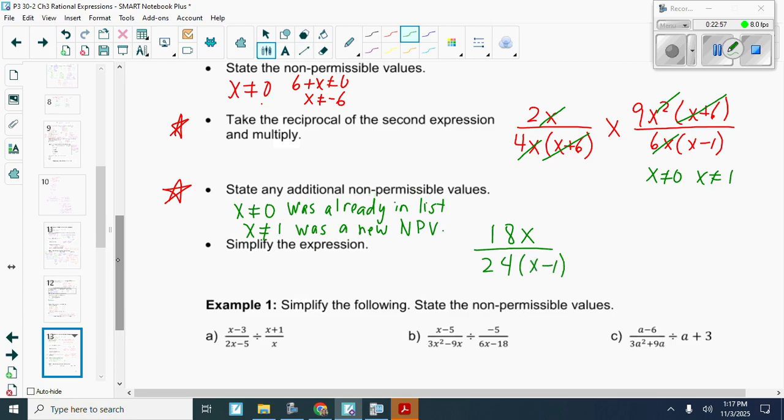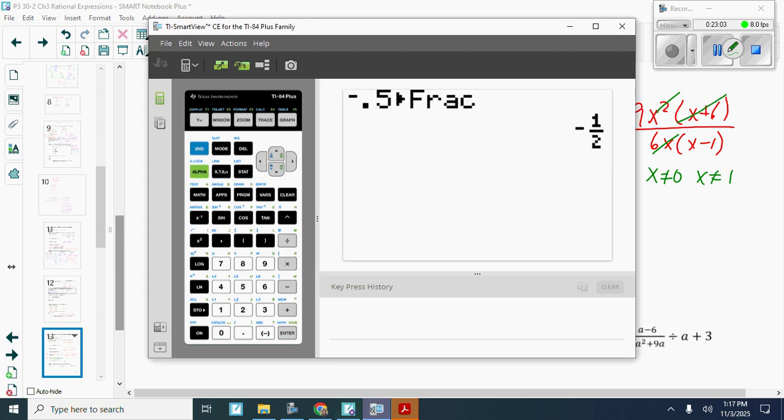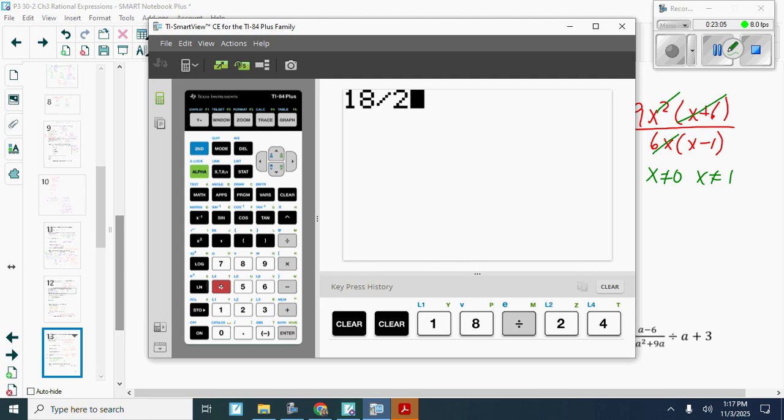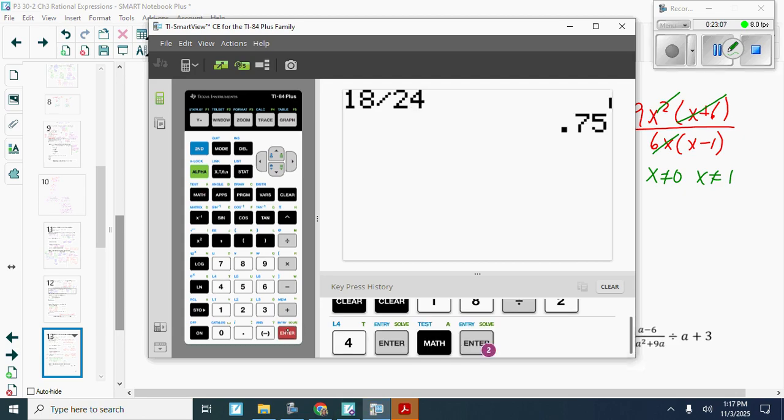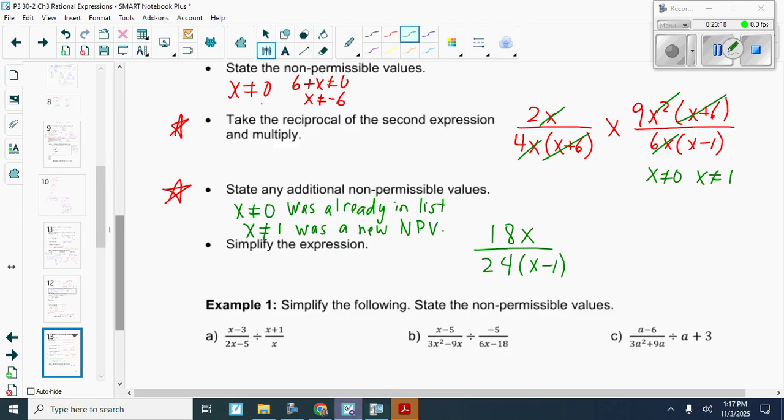So with your calculator, you're just going to go 18 divided by 24, and then you're going to go math fraction. It reminds you that when we simplify 18 over 24, we have divided both top and bottom by 6, and so we end up with 3/4 as our simplified fraction.